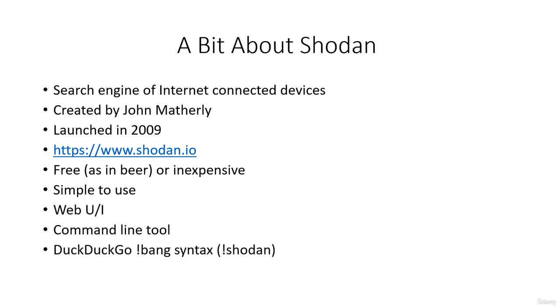It can use DuckDuckGo, which is the best private or anonymous search engine, which also uses Boolean syntax. It has an API, and enterprise accounts are also available in Shodan.